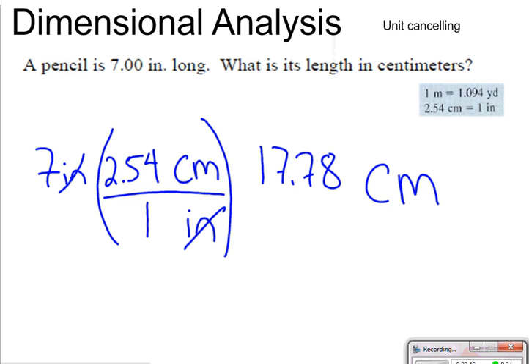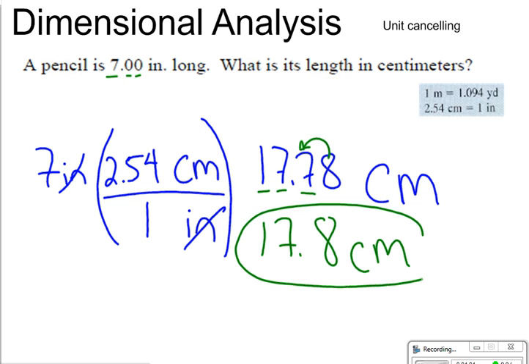Conversion factors have an infinite number of sig figs, but this is 7.00. Both of those zeros are significant, so I need an answer that has 3 significant figures. 1, 2, 3. 8 is big enough to push that 7 up, so this is 17.8 centimeters, the length of a standard 7-inch pencil.